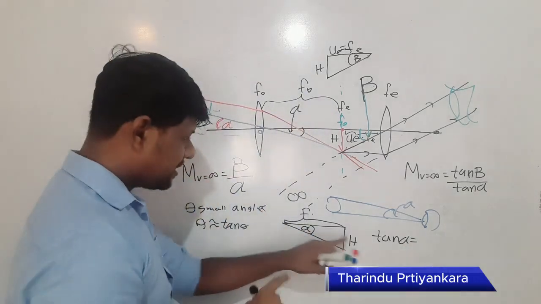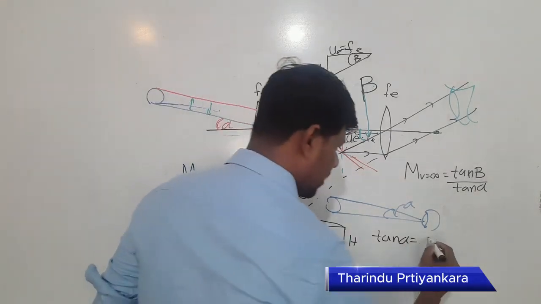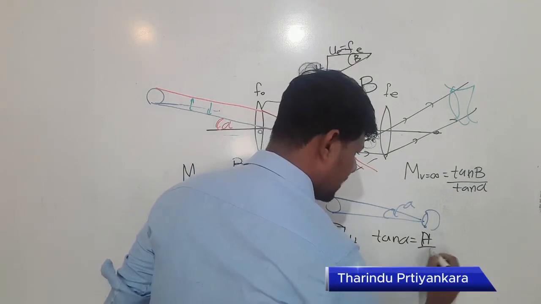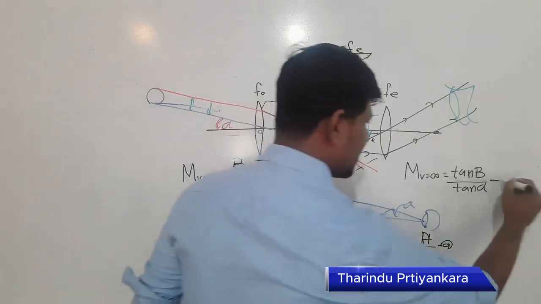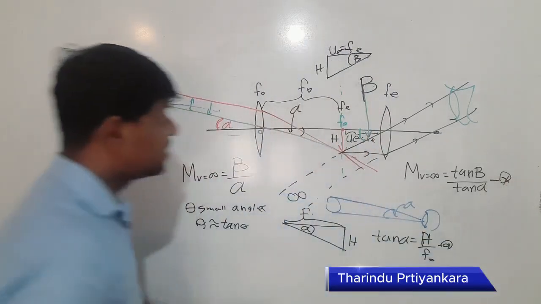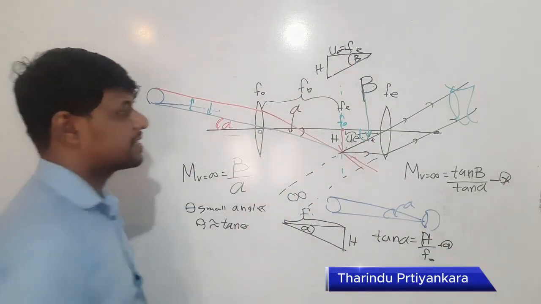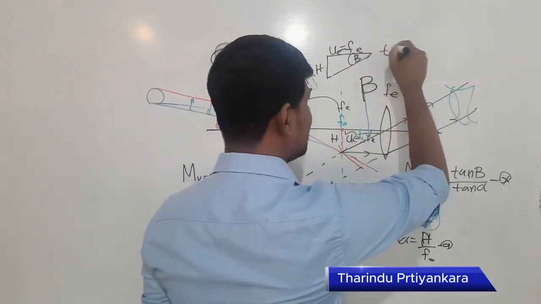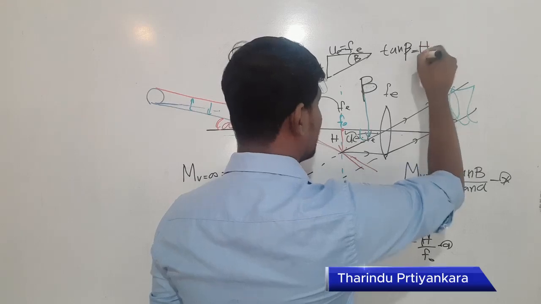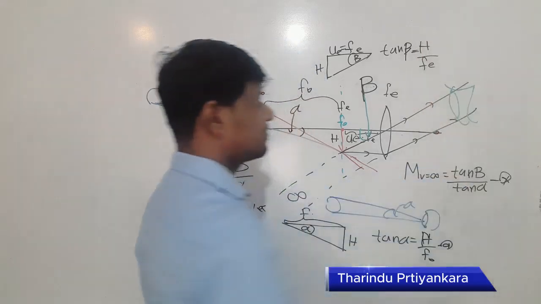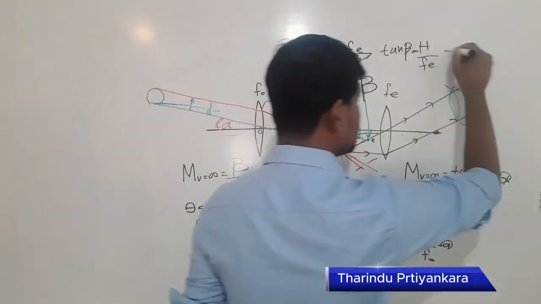So what is it? Capital H over F objective. Equation number 1. This is equation number X. Right. From here, I can get another equation. What is it? Tan beta is equal to capital H over Fe. Right. That's equation number 2.